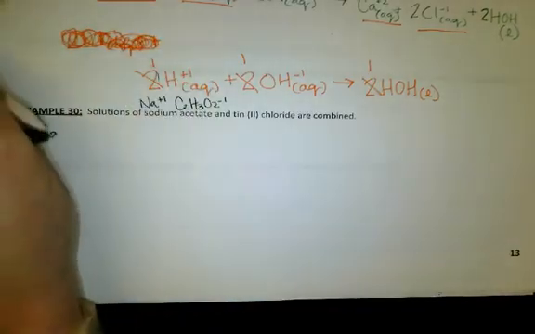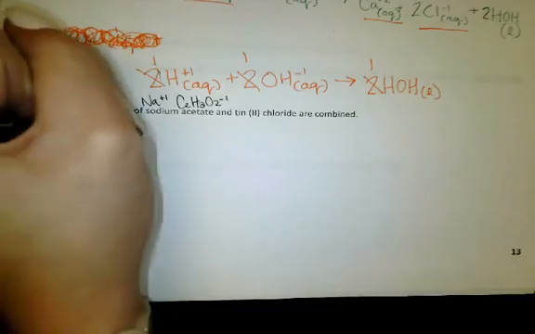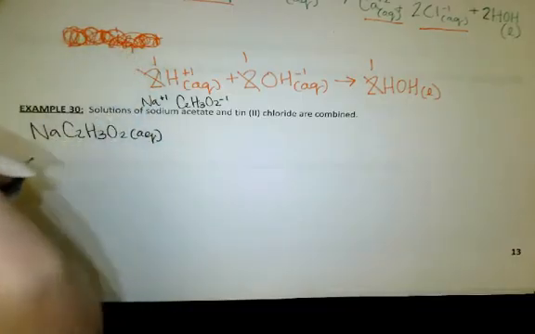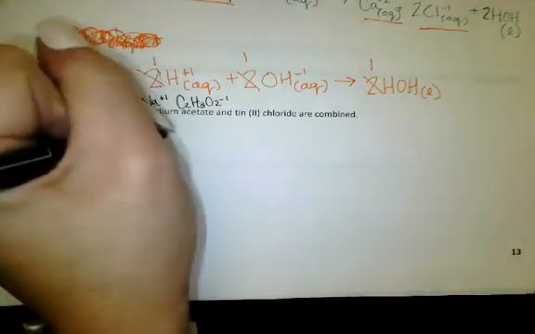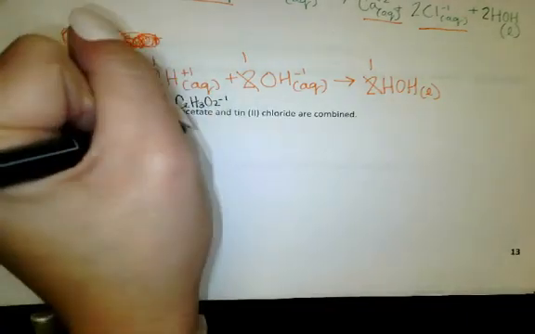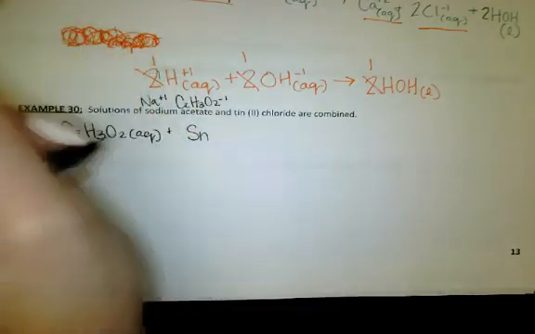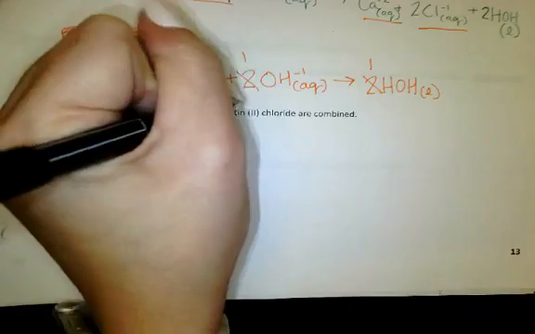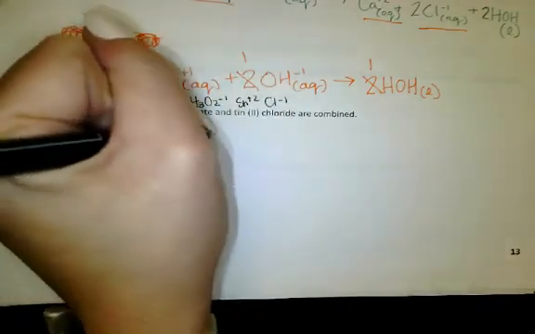Okay? Plus tin(II) chloride, so Sn, that Sn is +2, chloride is chlorine -1, so it's SnCl2. And that's going to be aqueous also.